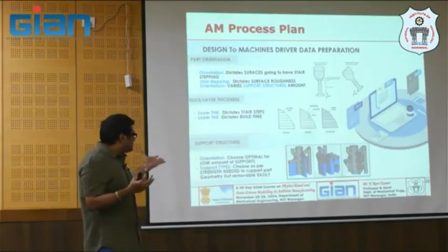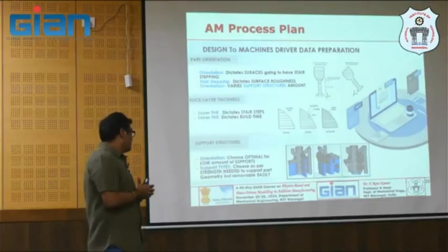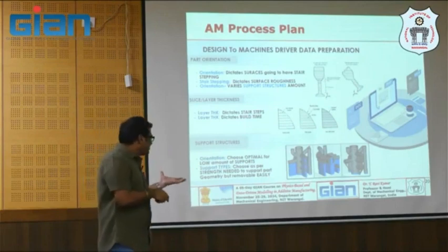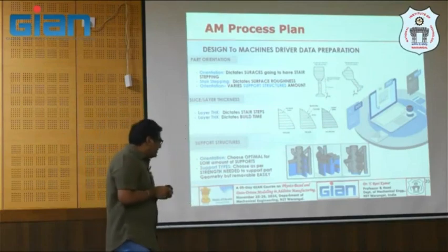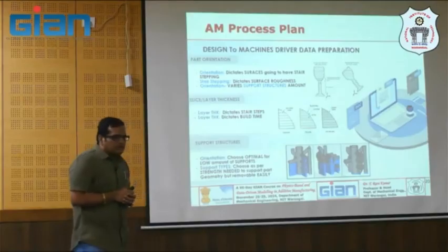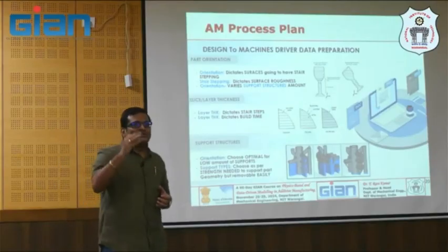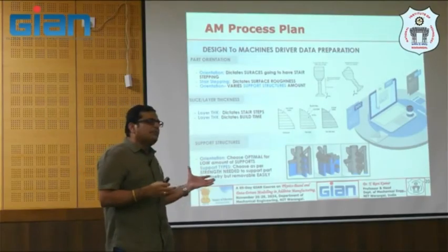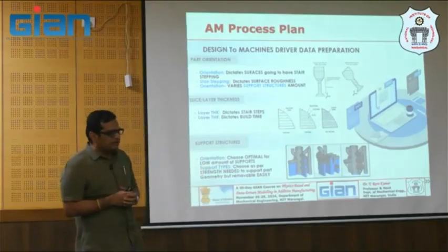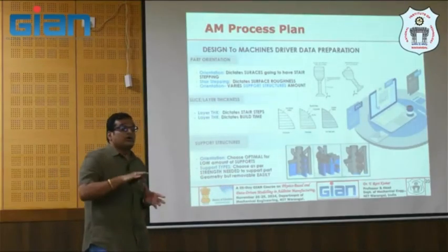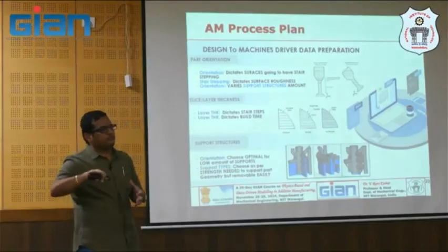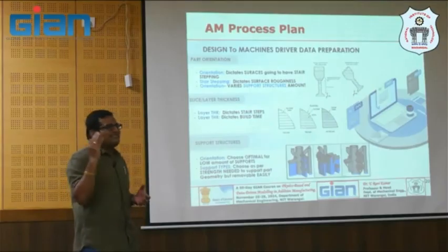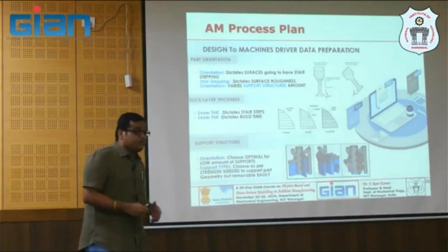And the other aspect is support structures. The support structure and orientation go hand in hand: if you have one orientation, you have different supports altogether. And you cannot give a general statement that you always remove the supports, because that is not the story. In metal, we need to give supports in order to have proper heat conduction within the layers, so we cannot outrightly say that you always avoid or minimize the supports.